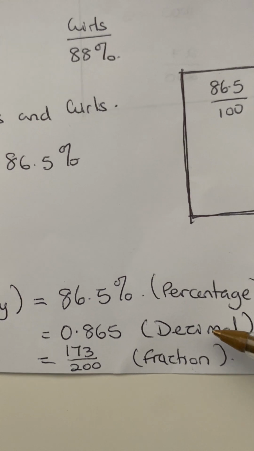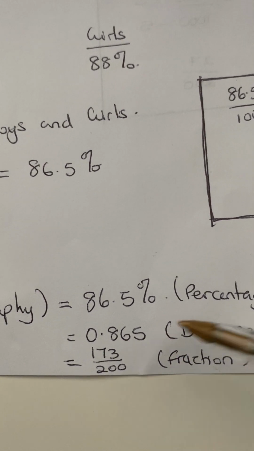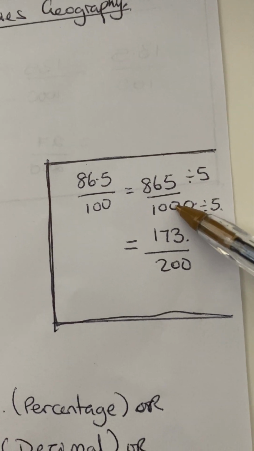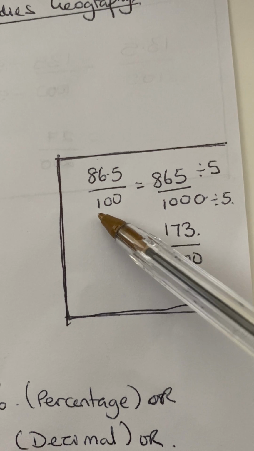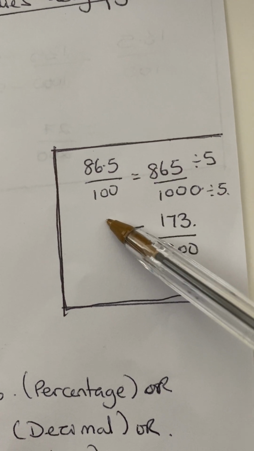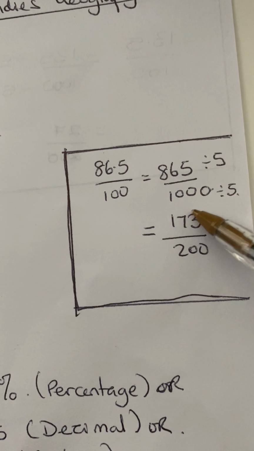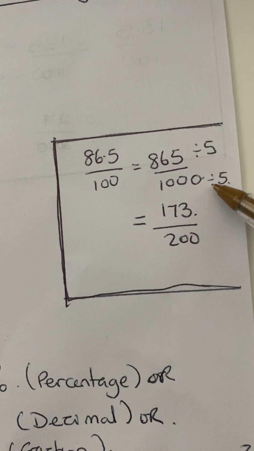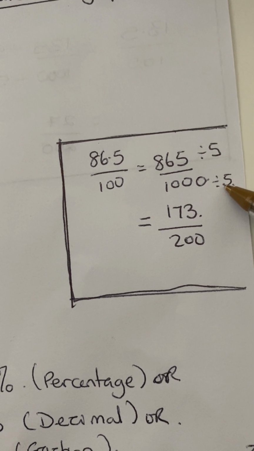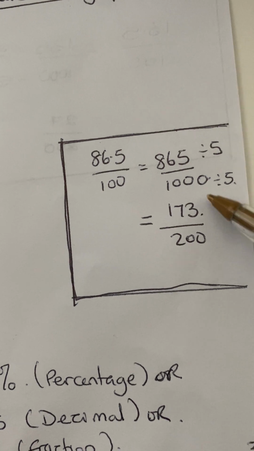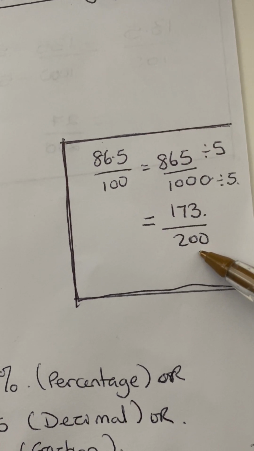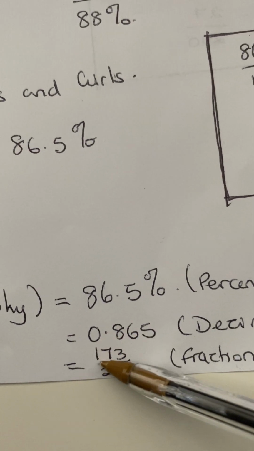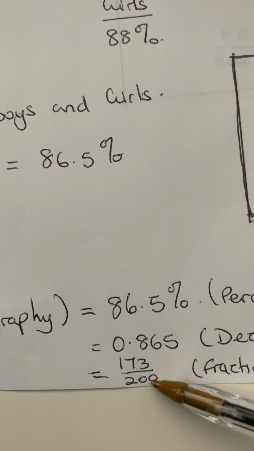If they say I should leave my answer as a fraction, then I'm going to divide this by 100 as I did here. 86.5 over 100. So 865 divided by 1000. If I divide the numerator and the denominator by 5, I have 173 numerator, 200 denominator. So as a fraction, my answer will be 173 over 200.